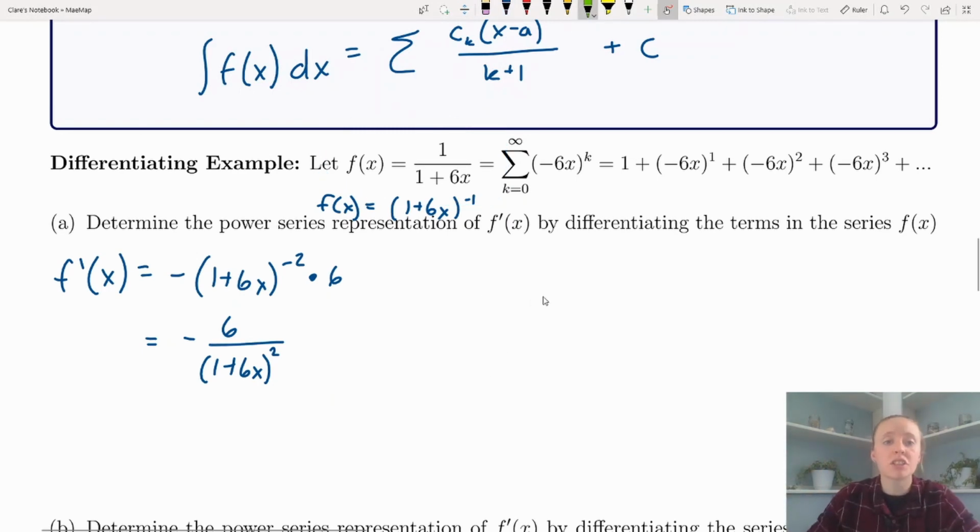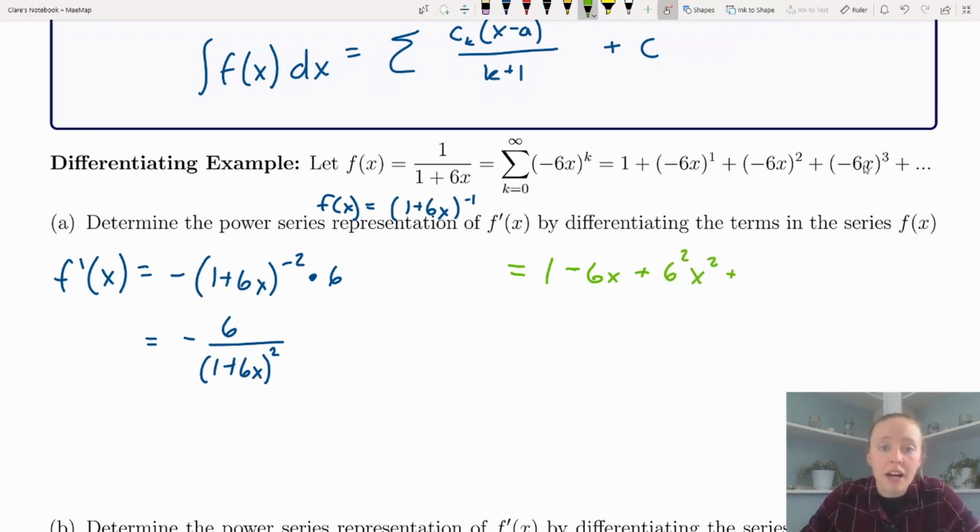Alright, so what I'm going to do is differentiate each of these terms in the series, and I think it's easier writing them out so we can see. So I'm just going to rewrite this in a different manner. We're going to have 1, then negative 6x, so I'll write that as subtracting 6x. And then we'll have a positive, because a negative 6 squared will be a positive, so that'll be 6 squared x squared.